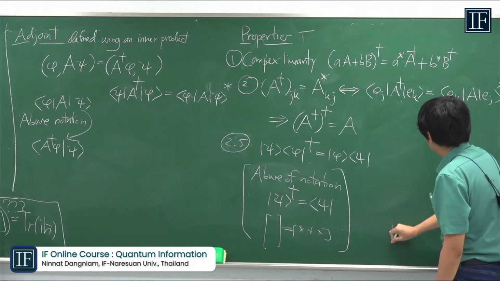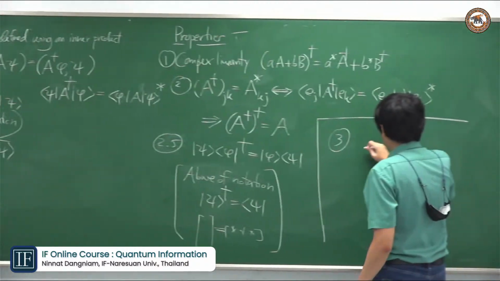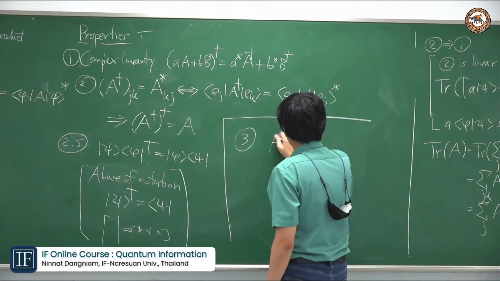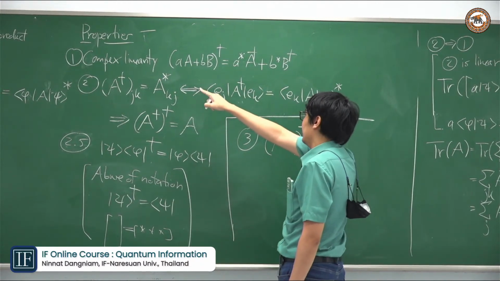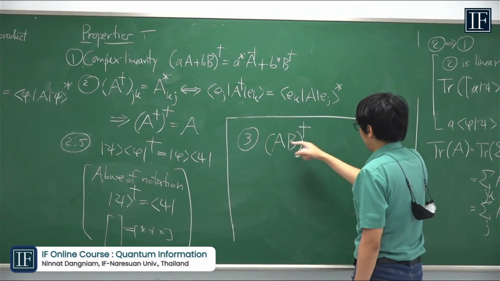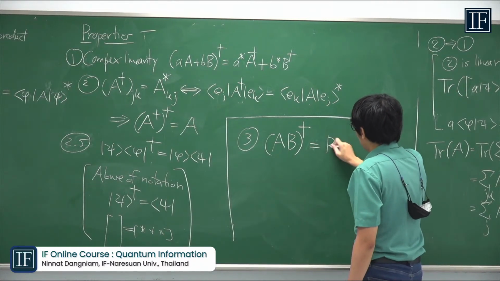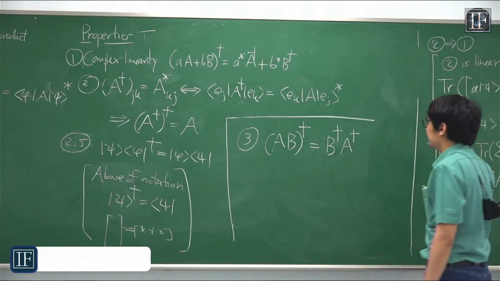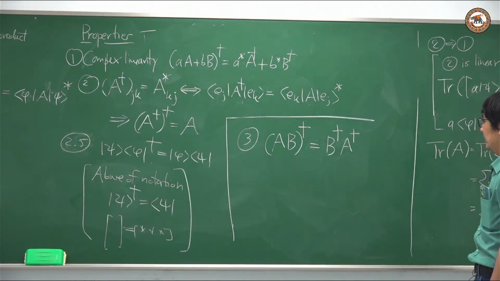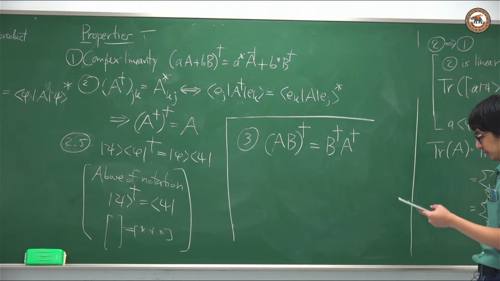And the third one is that if I take the dagger of a product, we already had linear combination, then I just switch the order and then take the dagger of each operator in the product.